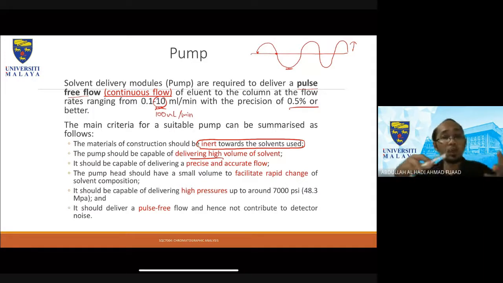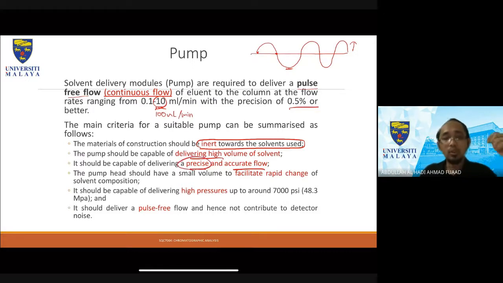But if you have a bigger column, you want a system that can give you the best flow rate possible. It should be capable of delivering a precise and accurate flow.